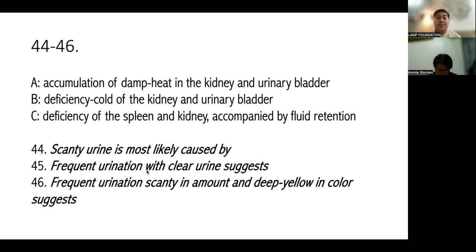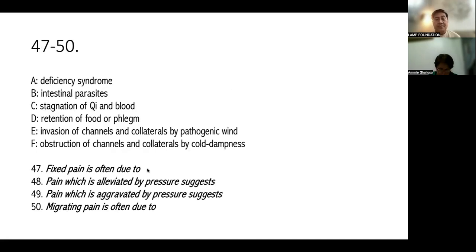Okay. Number 47, fixed pain is often due to letter F, obstruction of channels and collaterals by cold dampness. Okay. Letter F. And number 48, okay, pain which is... How are you going to confirm this? Kasi di ba maraming klaseng pain?